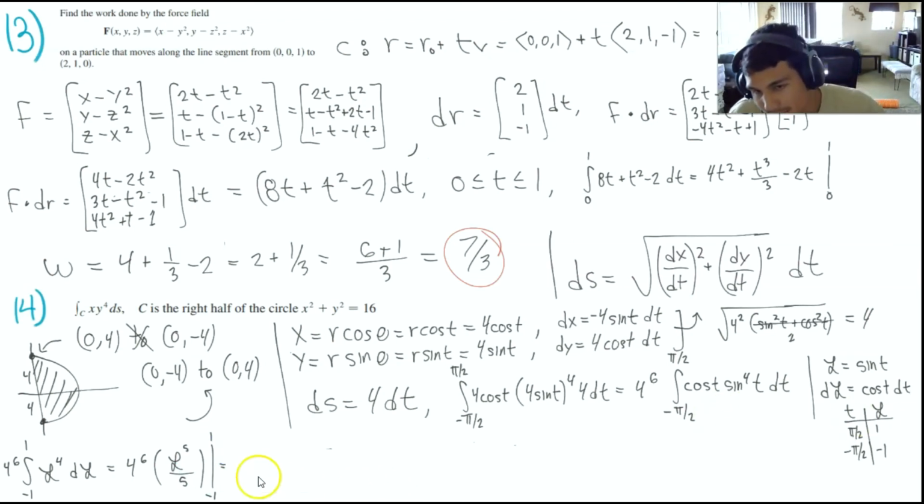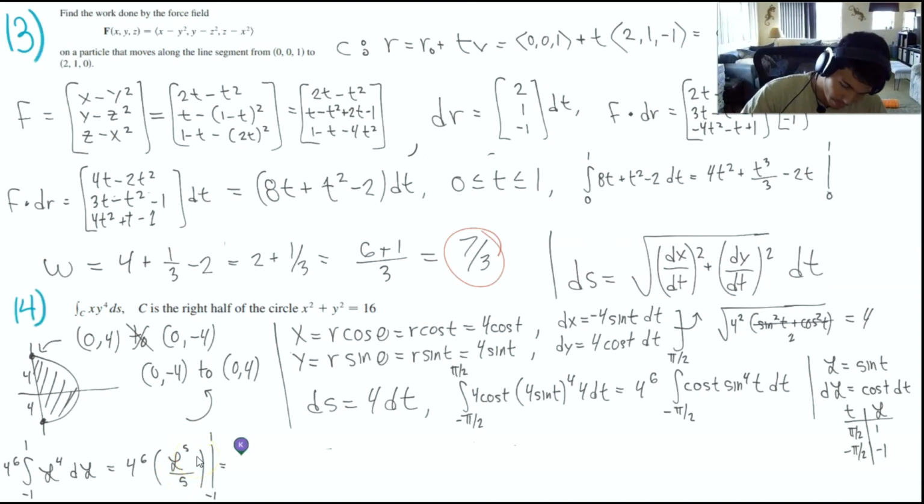And as we can see, it's an odd powered function, so when we actually plug in these bounds, it does make a difference, right? So we'd have 1/5 minus negative 1/5.